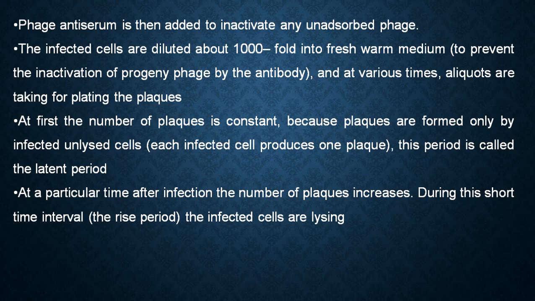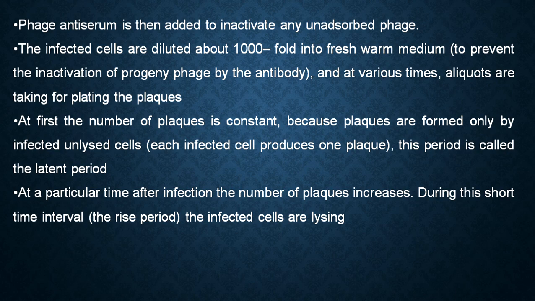Phage antiserum is then added to inactivate any unadsorbed phage. The infected cells are diluted about 1000-fold into fresh warm medium, which also prevents inactivation of progeny phage by the antibody. At various times, aliquots are taken for plating the plaques.